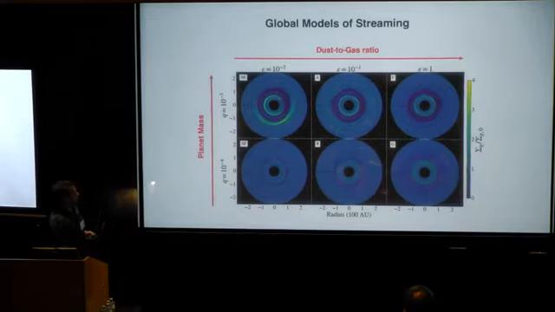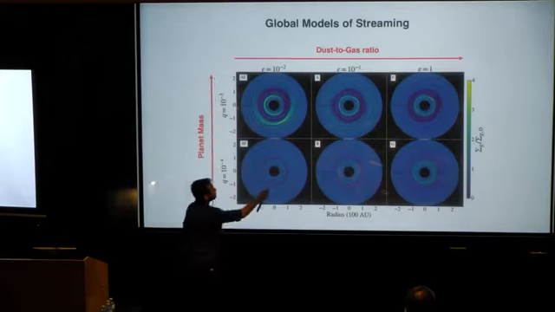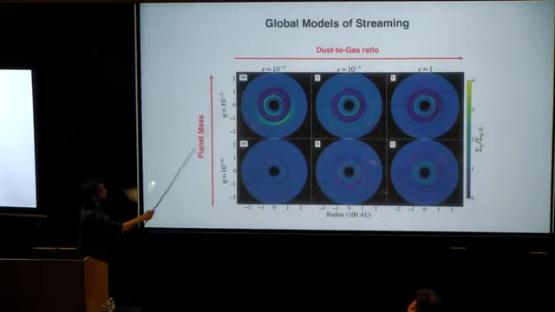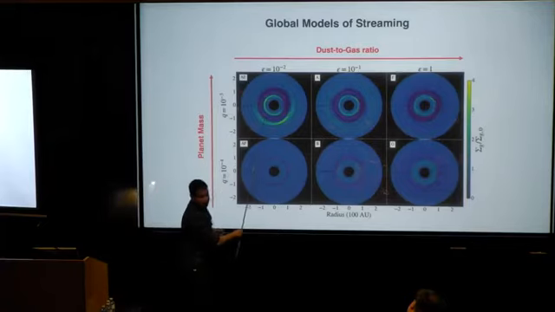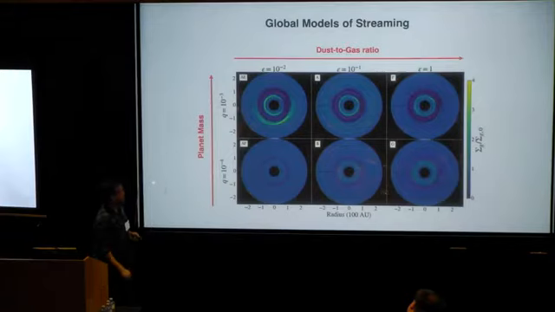Let's see what happens as you also include a planet in this case. We have here two planetary masses, 10 to the minus 4 and 10 to the minus 3. And here the dust to gas ratio increases from 10 to the minus 2 to 1. As you see, for a dust to gas ratio of about 10 to the minus 2, the situation looks exactly like what we expected from the models that we usually run without dust, because here the dust to gas ratio never really gets too close to 1.